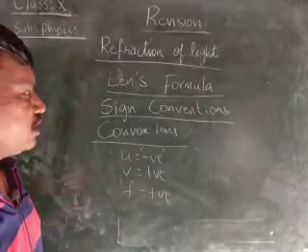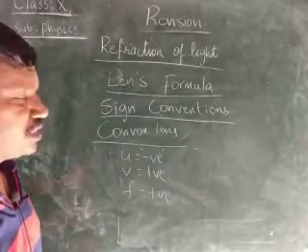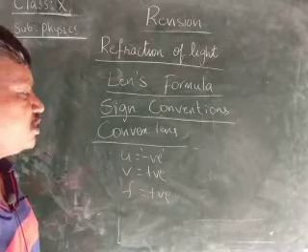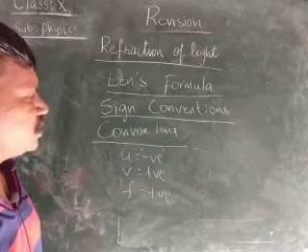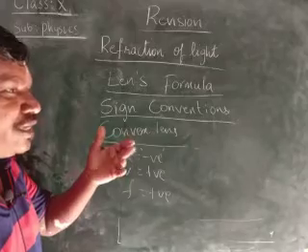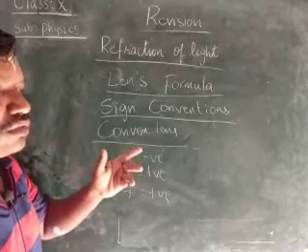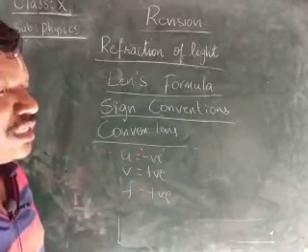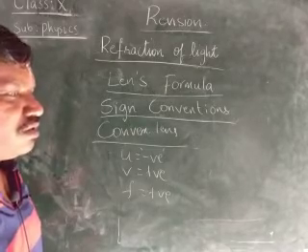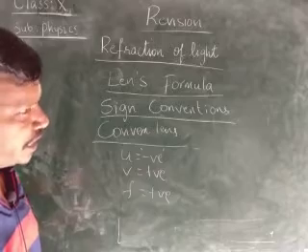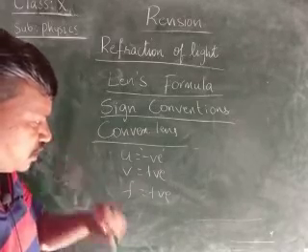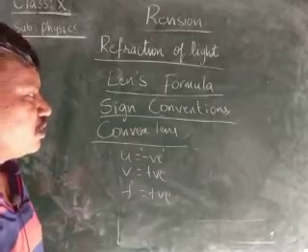In the examination, you may get a question on whether the sign convention of u for a convex lens is negative, positive or 0. You should write that it is negative. The object distance is negative, the image distance is positive, and the focal length is positive.